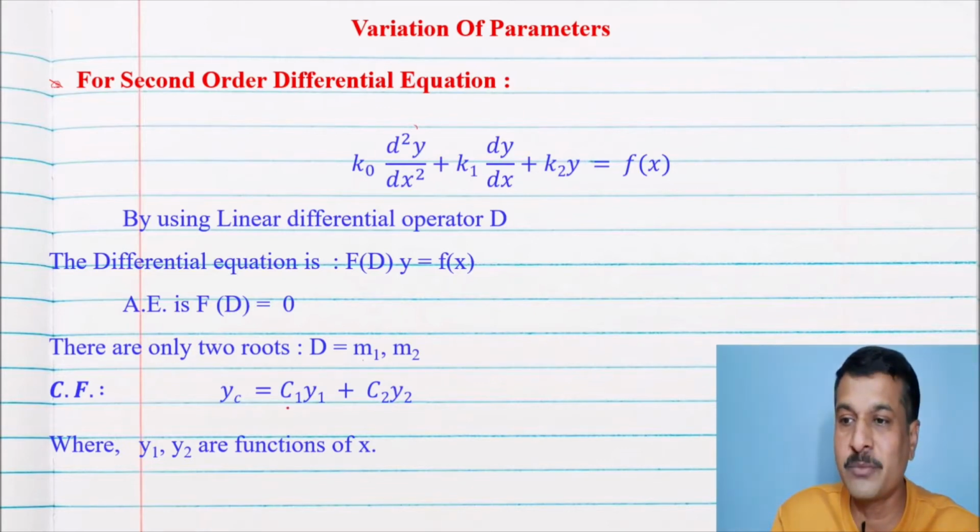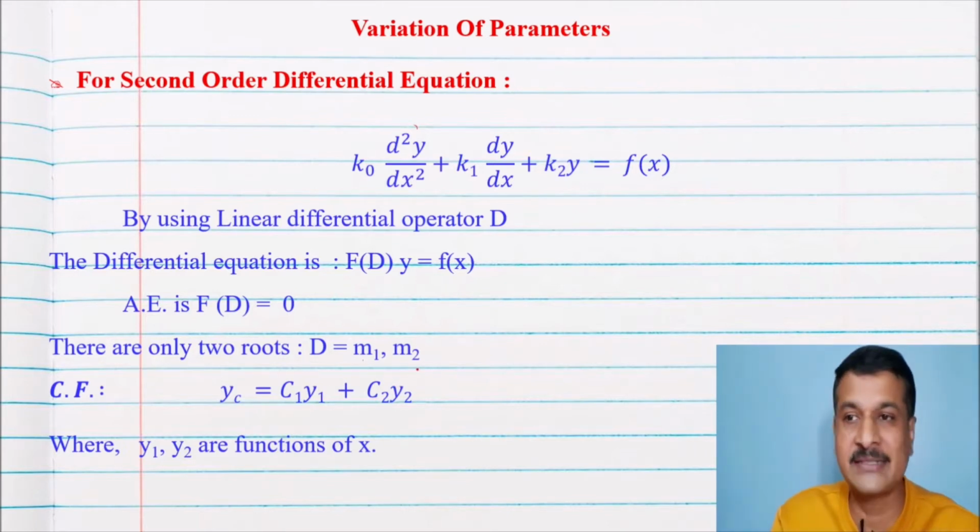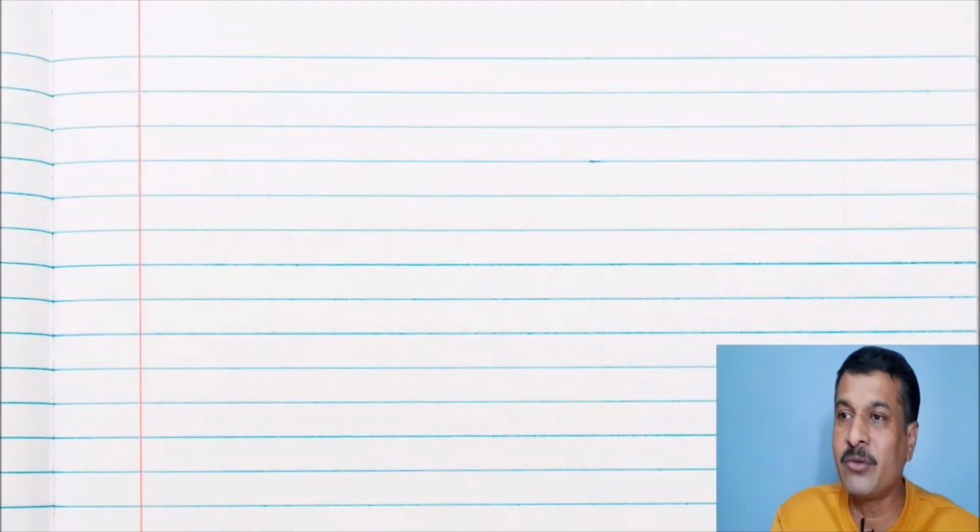So by the usual method you find up to CF. Suppose the CF is C1 y1 plus C2 y2, and after that, by variation of parameters, you have to replace these constants C1 and C2 by u and v, where y1 and y2 are functions of x. Therefore, what is the particular integral now?